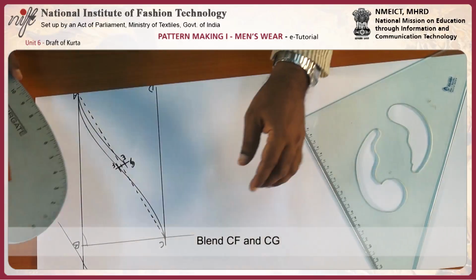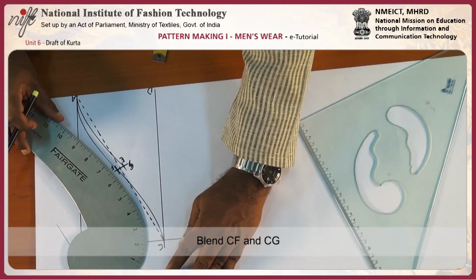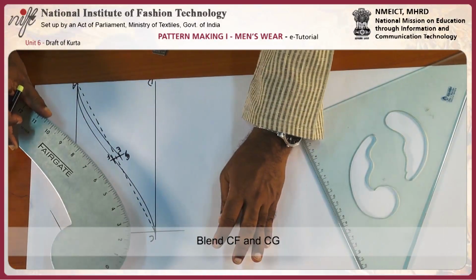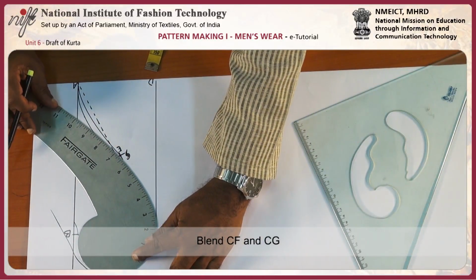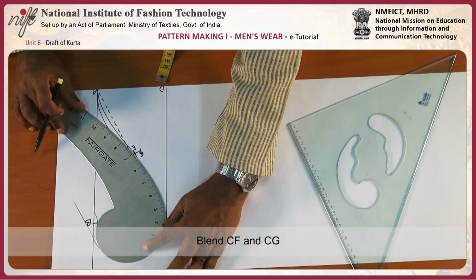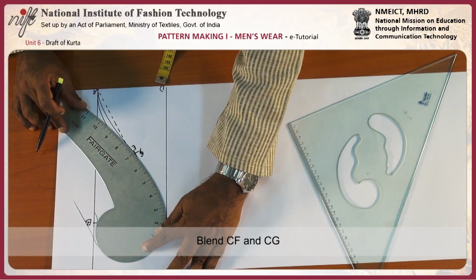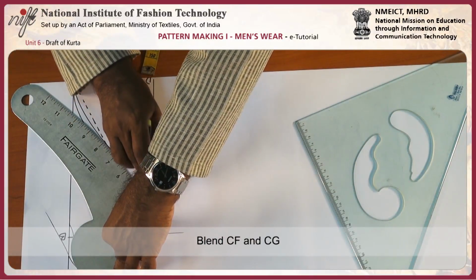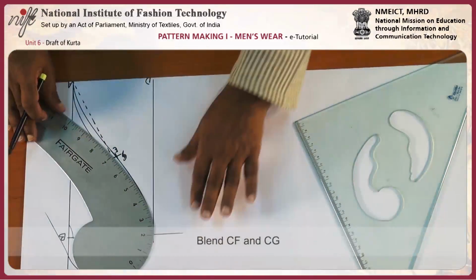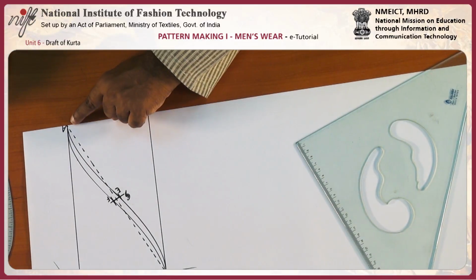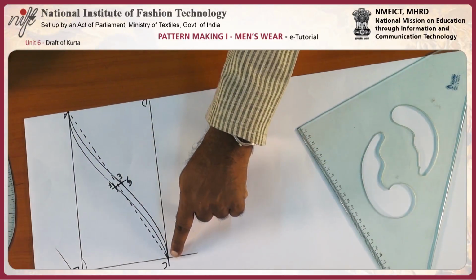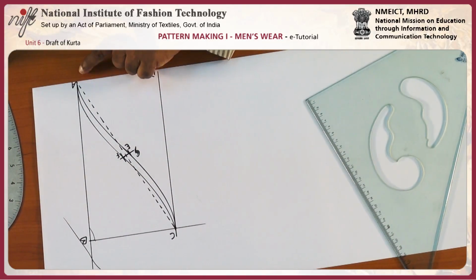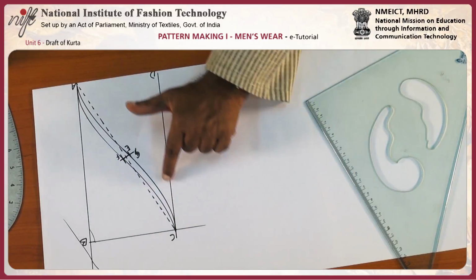Now I am repeating to C to G, that is a front armhole which is deeper than the back armhole. You can notice here the curve line is one continuous, though I have done in two different shots, the back armhole and the front armhole.